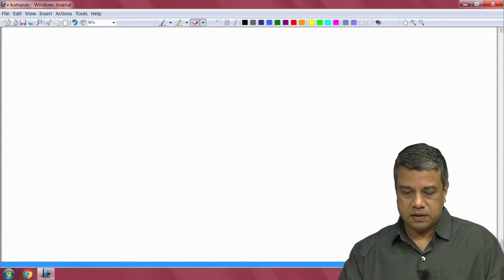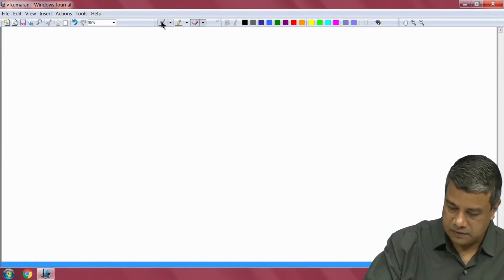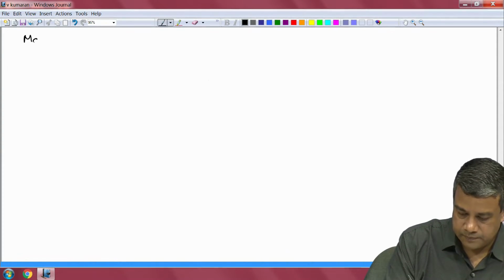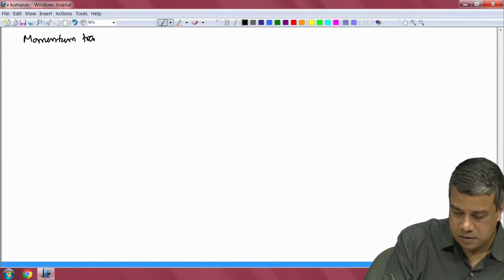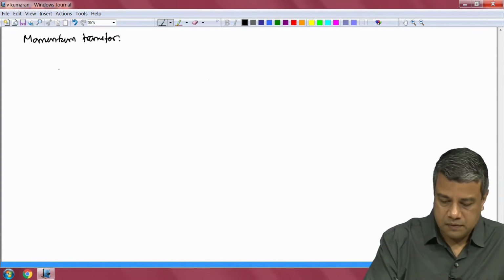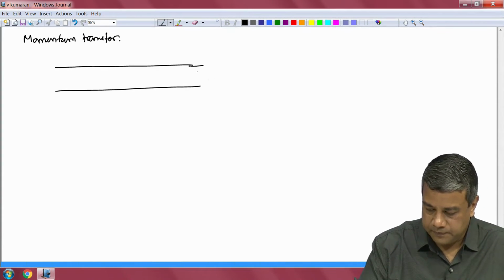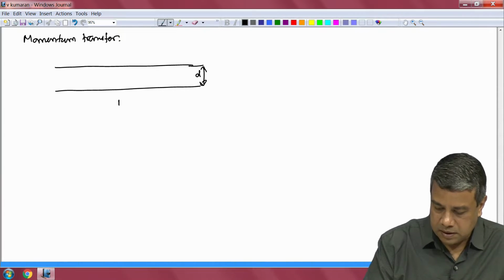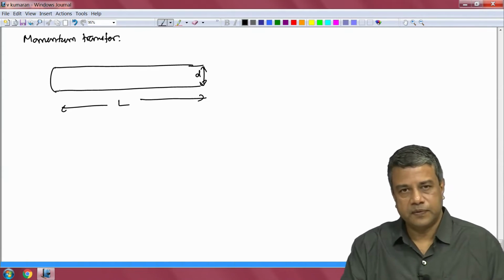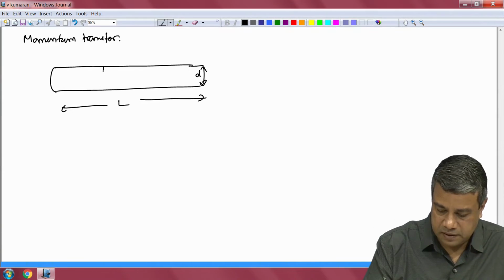So, let us go to the next problem of momentum transfer. Flow in a pipe. Flow in a pipe of diameter d, length L, with average velocity v.